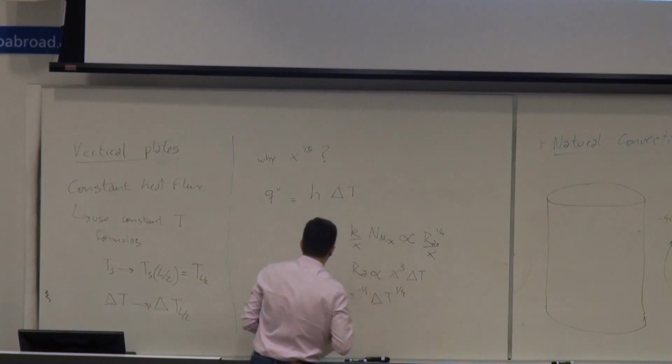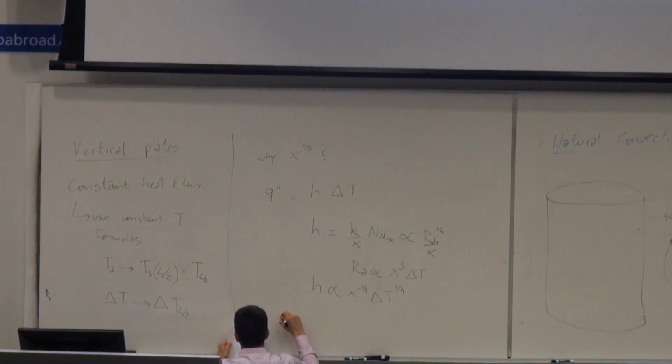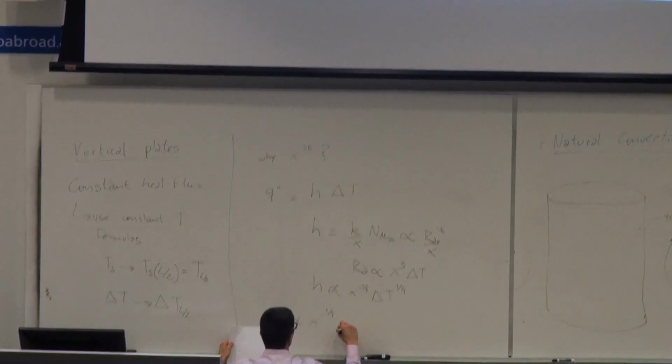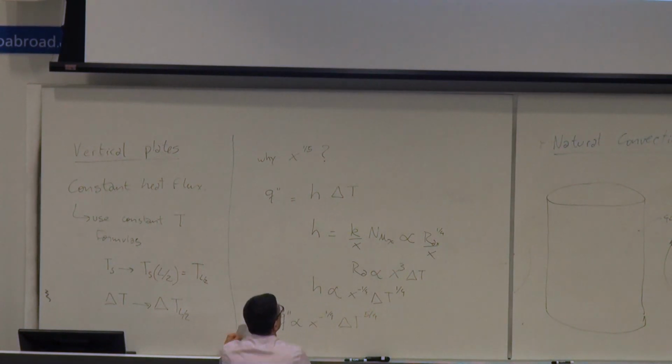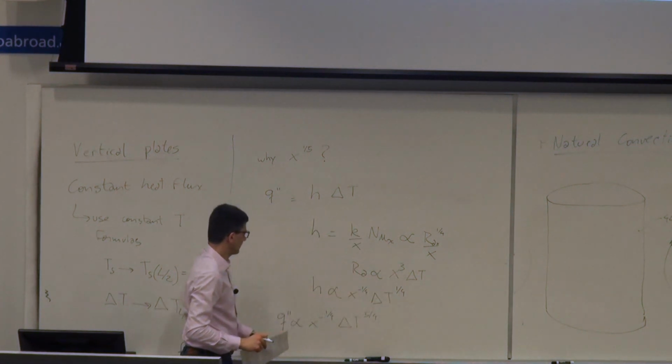So if I put this here, we have that q is proportional to x to the minus 1/4, delta T to the 5/4. This delta T is 4/4 and 1 is 5/4.